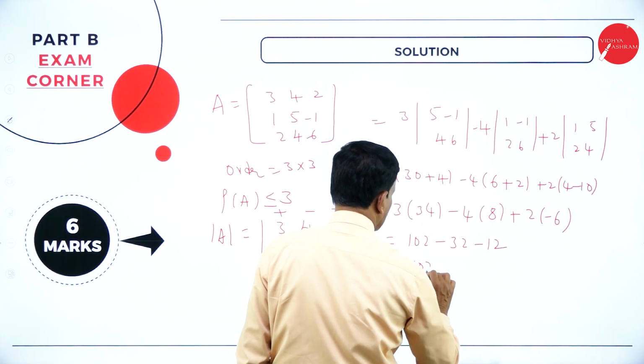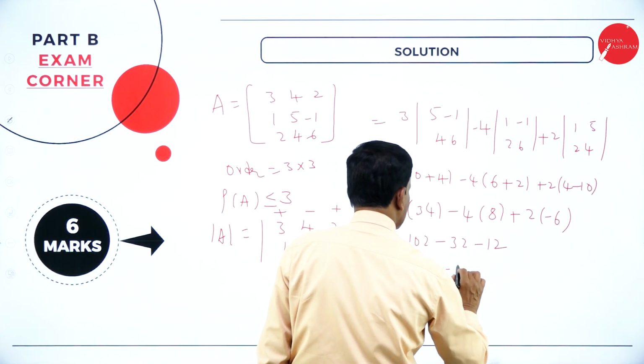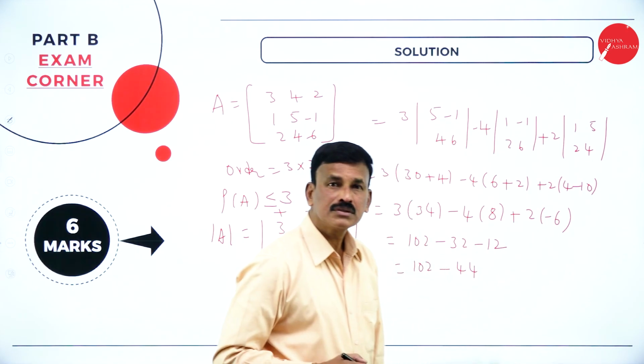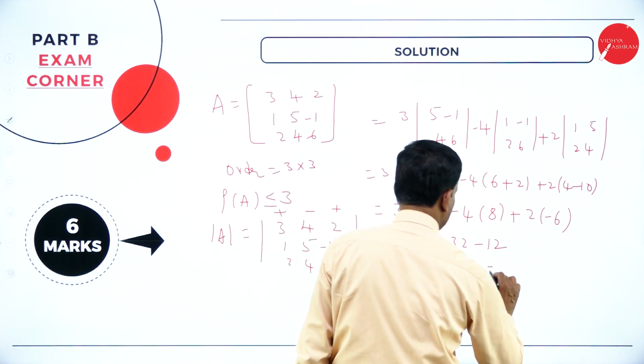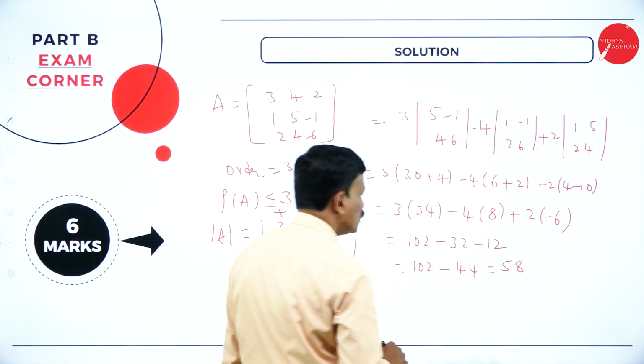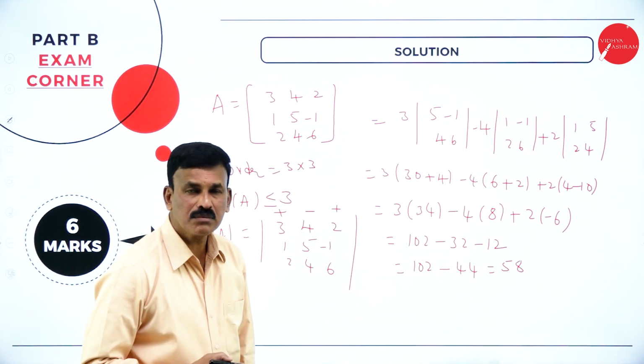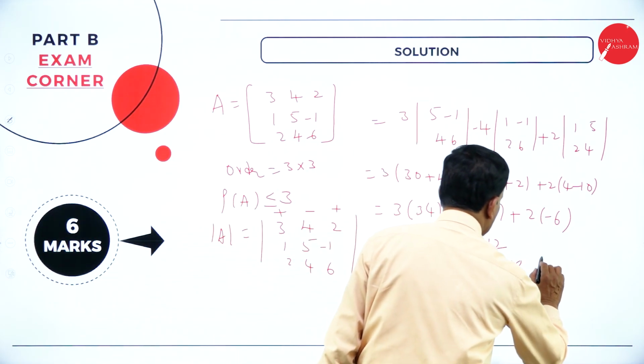So, this is 102 minus 44, that is nothing but 58. The value of this determinant is 58, not equal to 0.